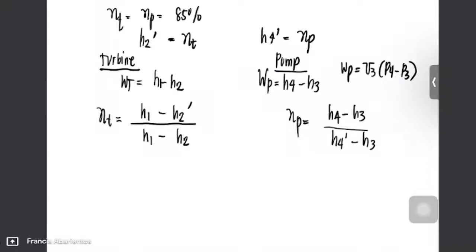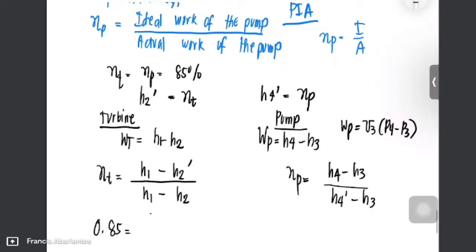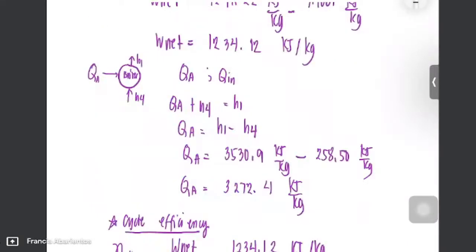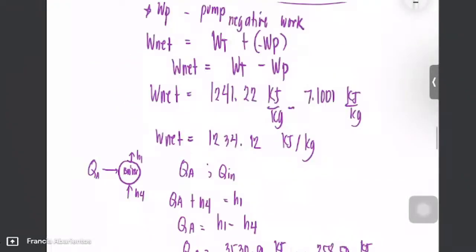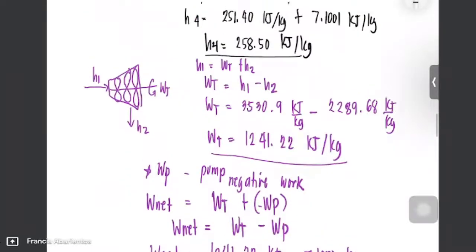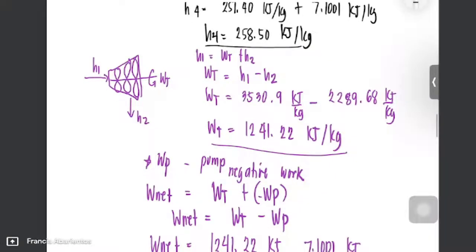we have, ano yung gagawin ko nga? Shift solve nyo na lang class, 85%. Ano yung H1 natin? Balik ulit tayo doon sa problem number 1. Ay, sinulat ko na yun. 35. Ayan. Ito na, may work of the turbine tayo.